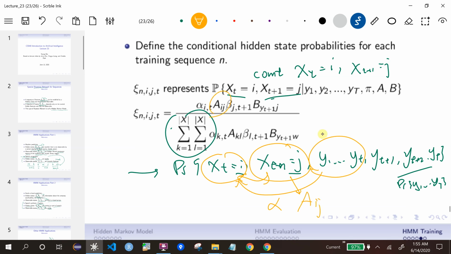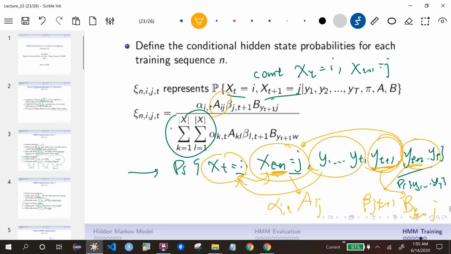And we know the probability of these things given xt+1. Note the index: we're skipping xt+1 and directly going to xt+2. So these ones are the betas, beta_j(t+1). And this is alpha_i(t). And at the end, we need to figure out what this is. This is basically this thing given x_t+1 equals j, which is our large B, y_t+1 given j.